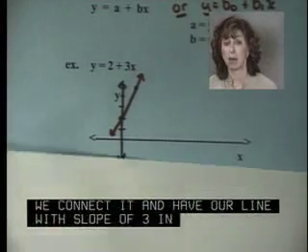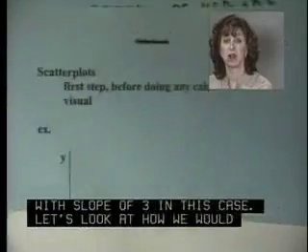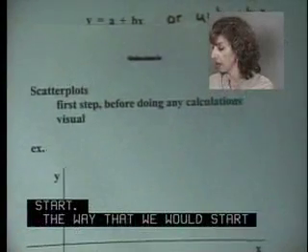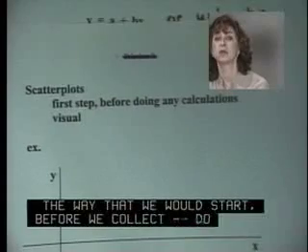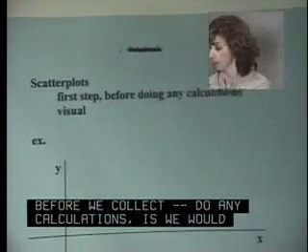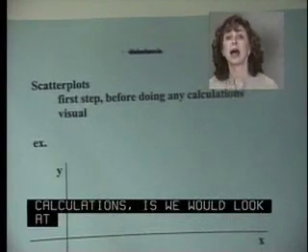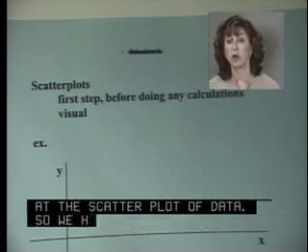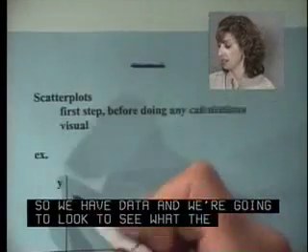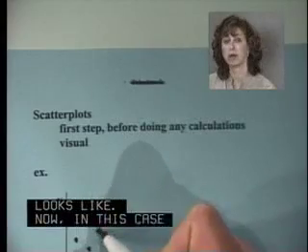Well, let's look at how we would start. The way that we would start before we do any calculations is we would look at the scatter plot of data. So we have data, and we're going to look to see what the data looks like. Now in this case, let's say I plotted my data.